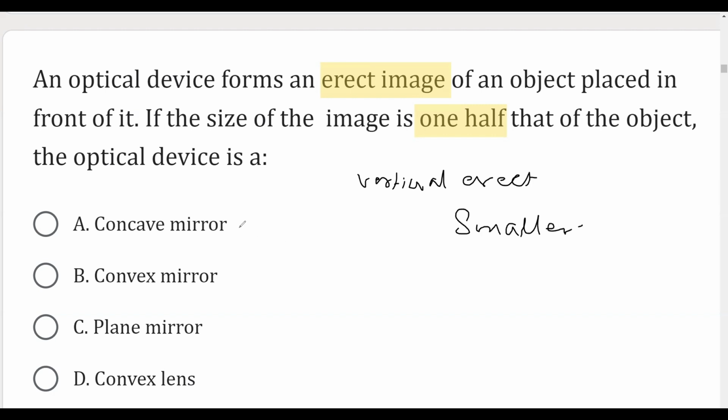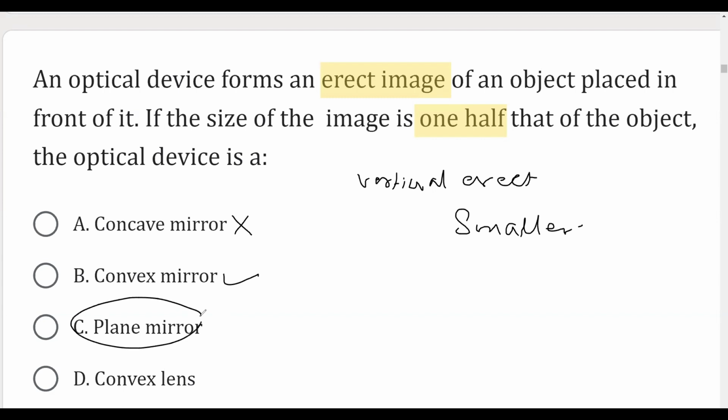What we know is that in a concave mirror, the image formed is virtual and erect, but then it is enlarged. In a convex mirror, the image formed is virtual and always erect. So this is virtual, erect and smaller, diminished.